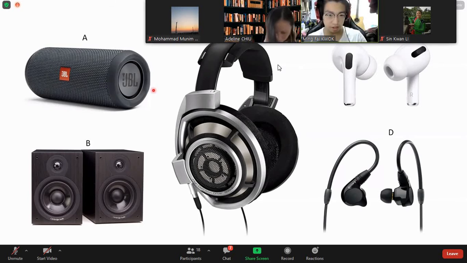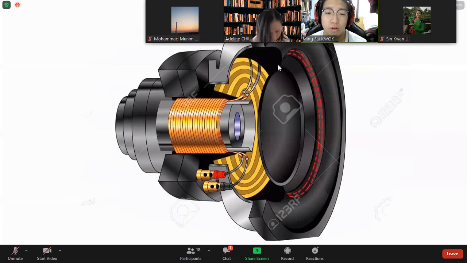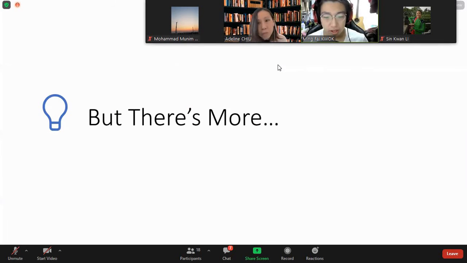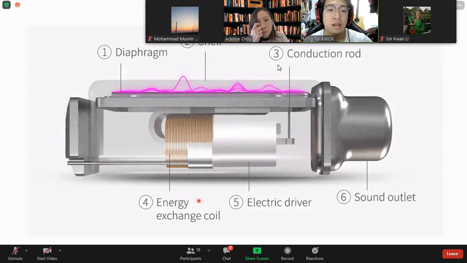But you may say, in earphones I don't see any diaphragm, so how does that work? Now let me show you. This is also a speaker. It uses similar logic, magnetic force and a diaphragm, but the diaphragm is right here, not at the front.